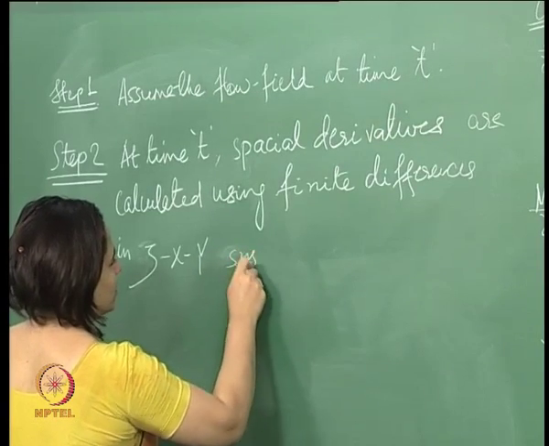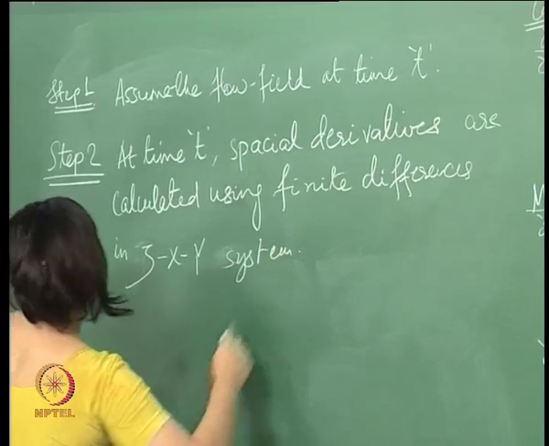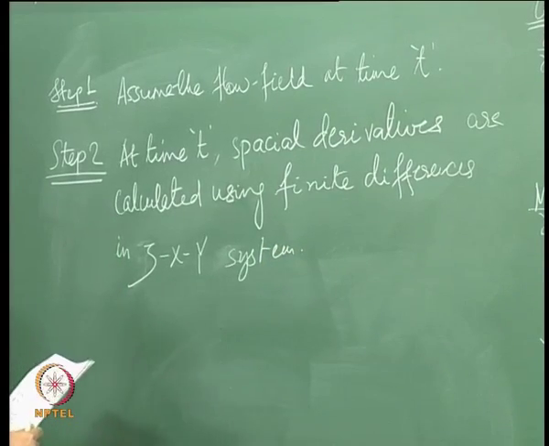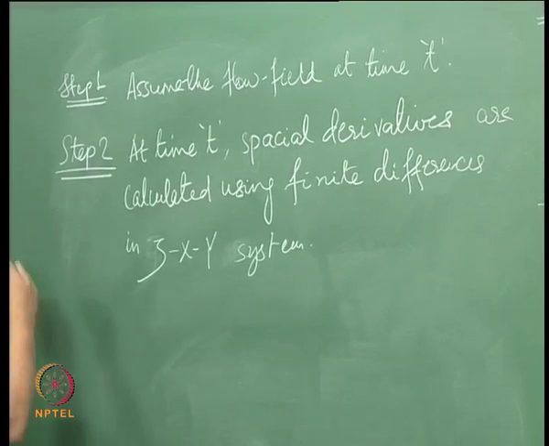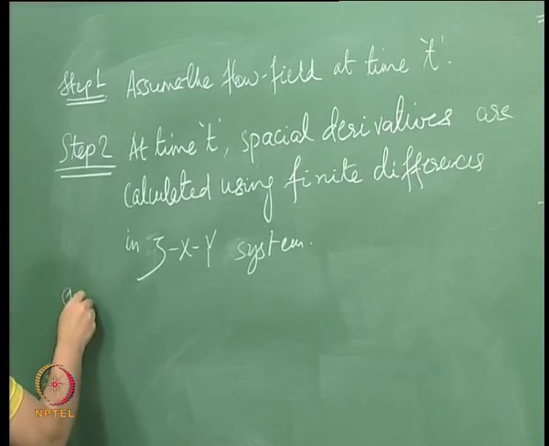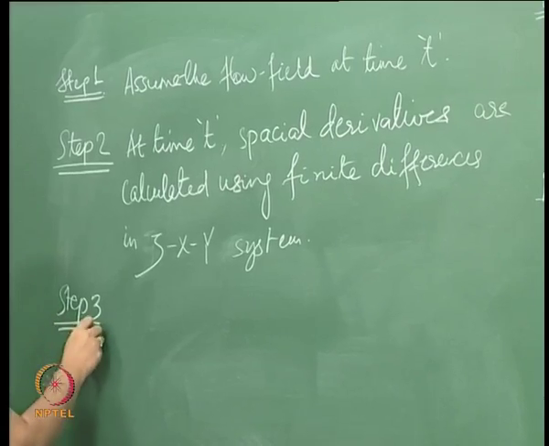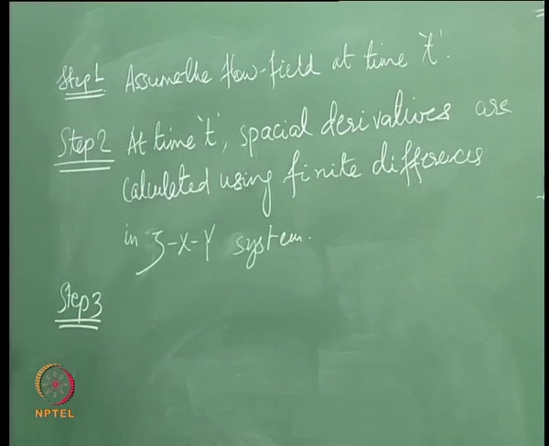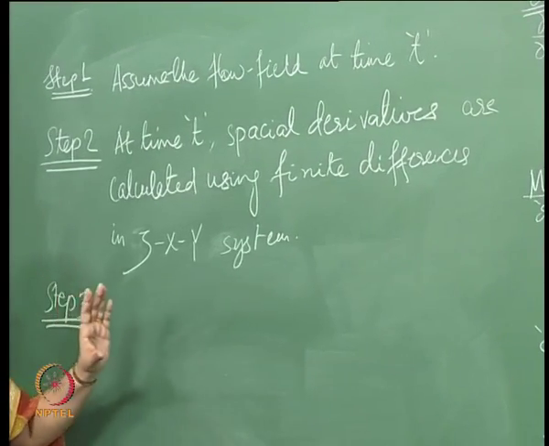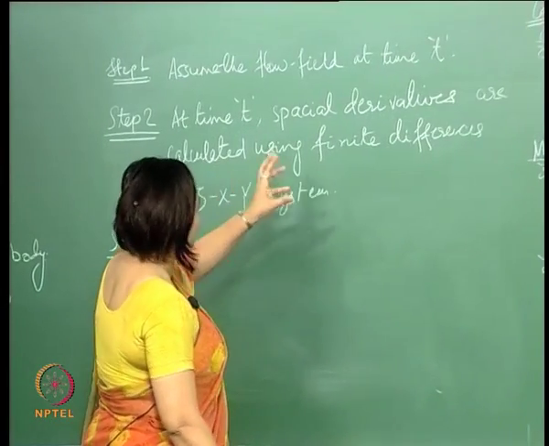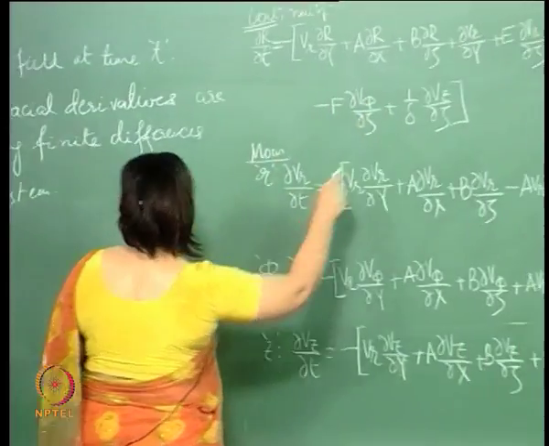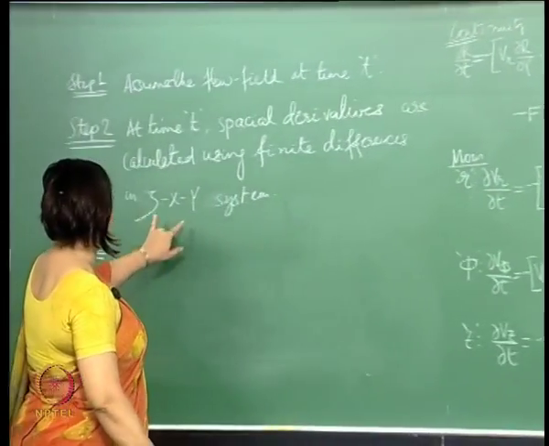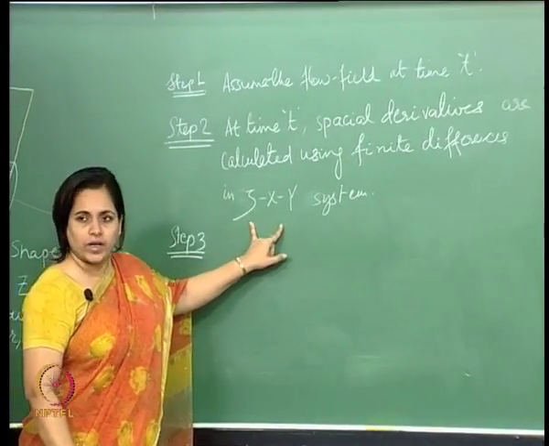Let us call this step 2. At this particular time, the moment you assume the flow field, you calculate the spatial derivatives in this coordinate system using finite differences.